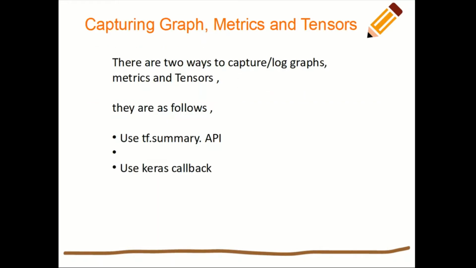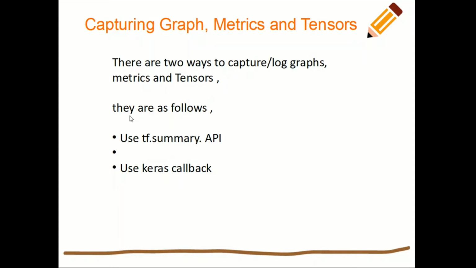So now there are basically two different ways to capture the metrics or the tensors. Even the gradients are essentially variables. When I say tensors, it is a variable, because that is what is going to change during the training, so that is what we can capture. So there are two ways to capture the data.